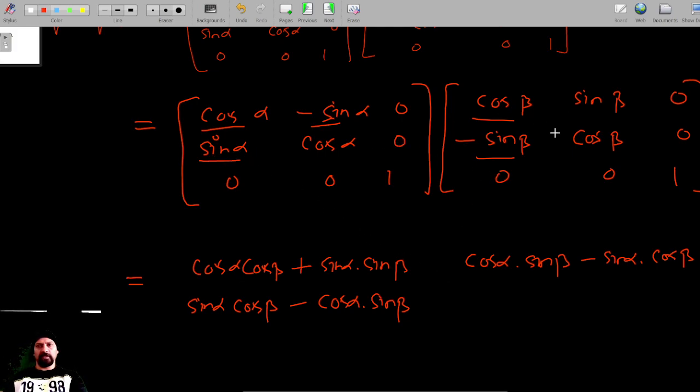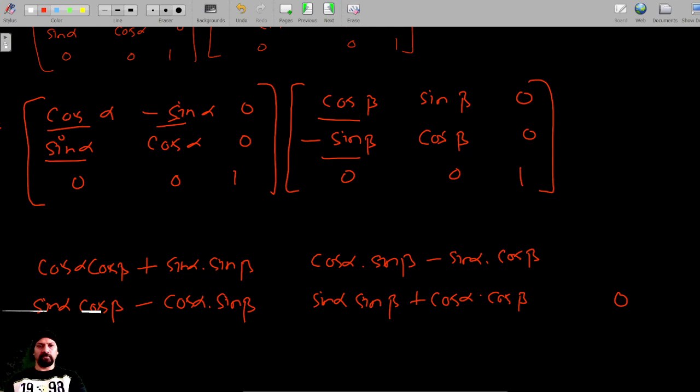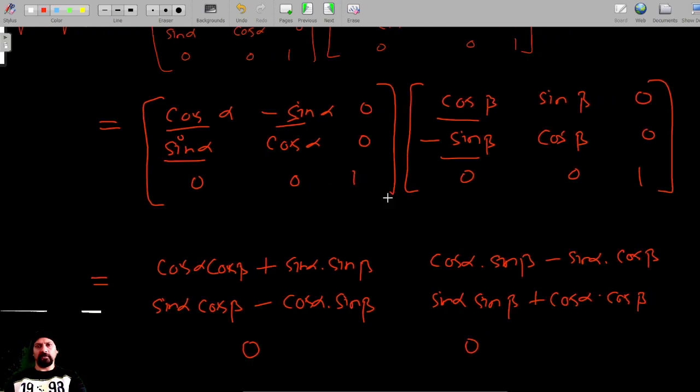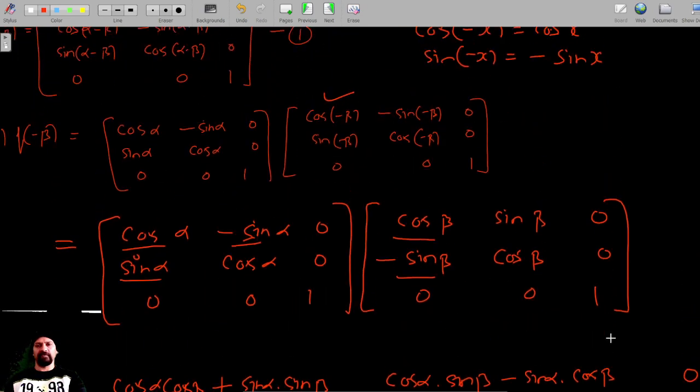Next one is sine alpha into sine beta plus cos alpha into cos beta, and then 0. So this is also 0. Now 0 into cos alpha is 0, 0 into sine alpha is 0, 1 into 0 is 0, so this is 0. And 0 into sine beta, 0 into cos beta, 1 into 0 is 0, and 1 into 0 is 0. 0 into 0 is 0, 0 into 0 is 0, 1 into 1 is 1.